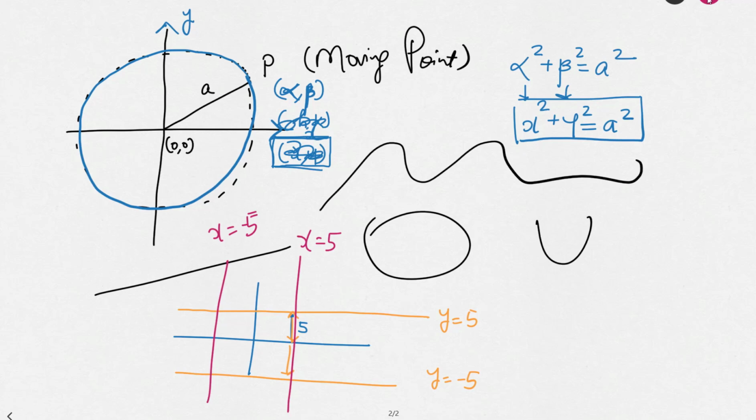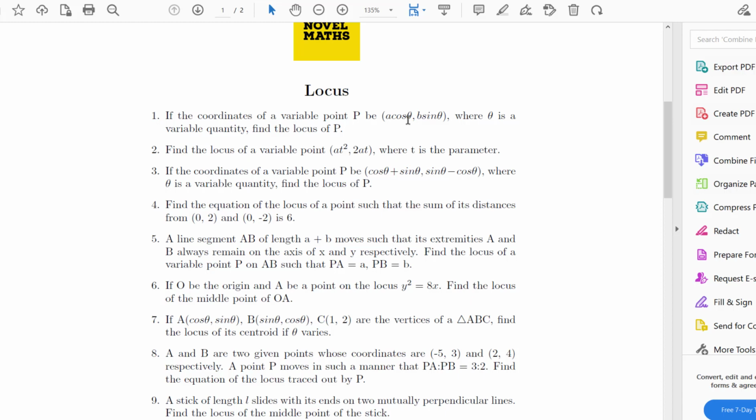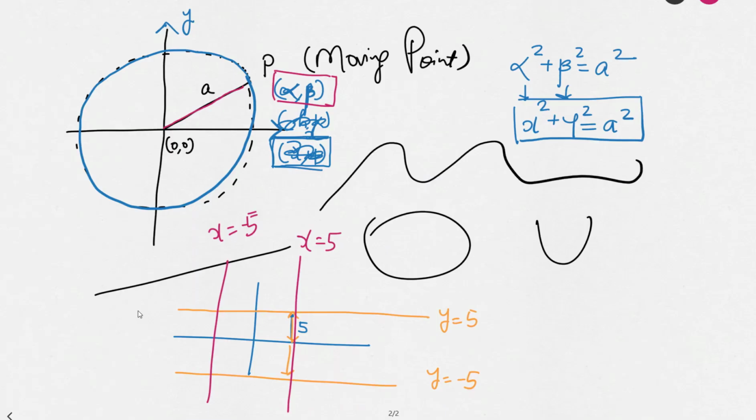What we have to understand here is that we need to define some term, define this point alpha, beta, or h or k, or whatever, you can take anything. And based on the constraint, you can introduce any new variable also. If you see the questions, there are possibilities where you will have some variable things, right? Here cos theta, sin theta. So the first situation is that a variable is already given, like here theta, so you have to eliminate this variable.